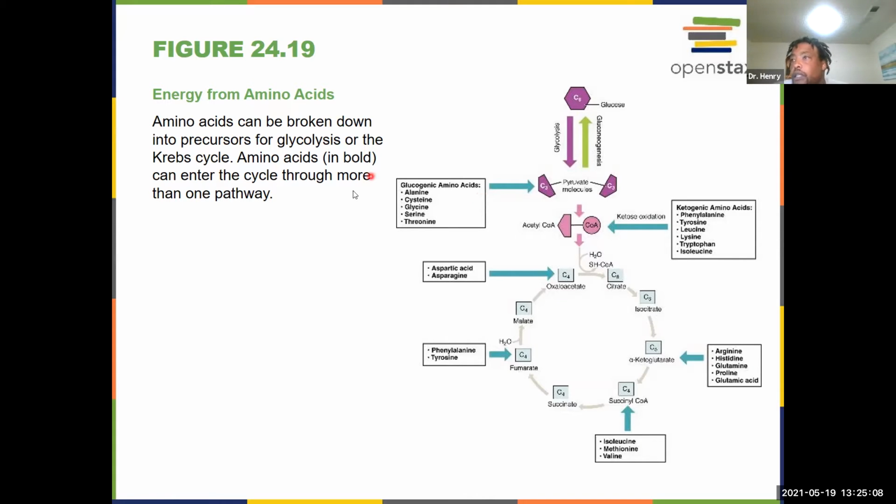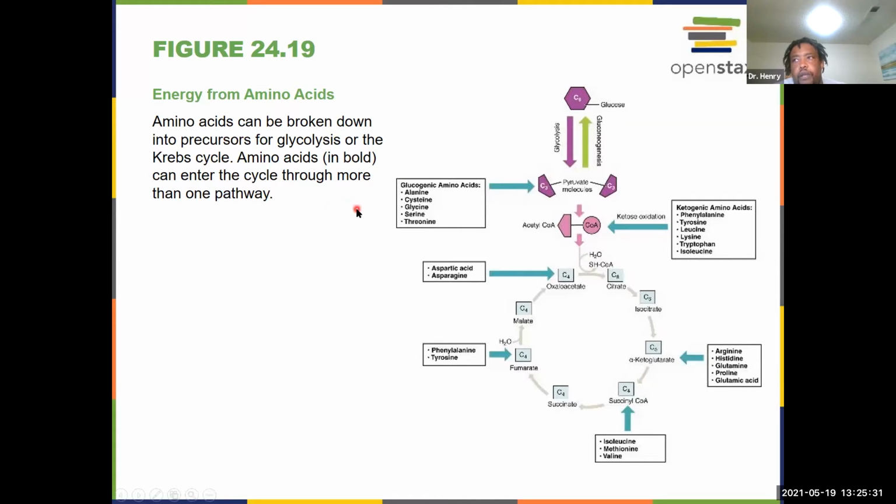So they can go in through the glycolysis stage of the cycle. In the glycolysis stage, you're going to be inputting towards the last part of glycolysis, when you get that pyruvate molecule.